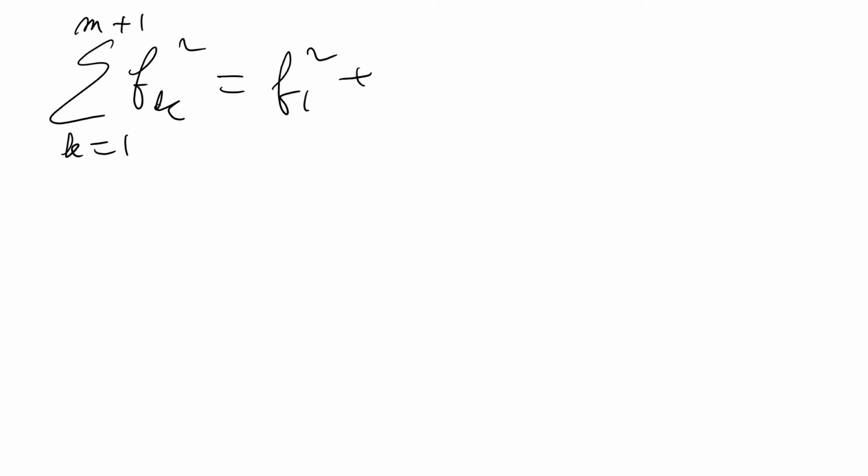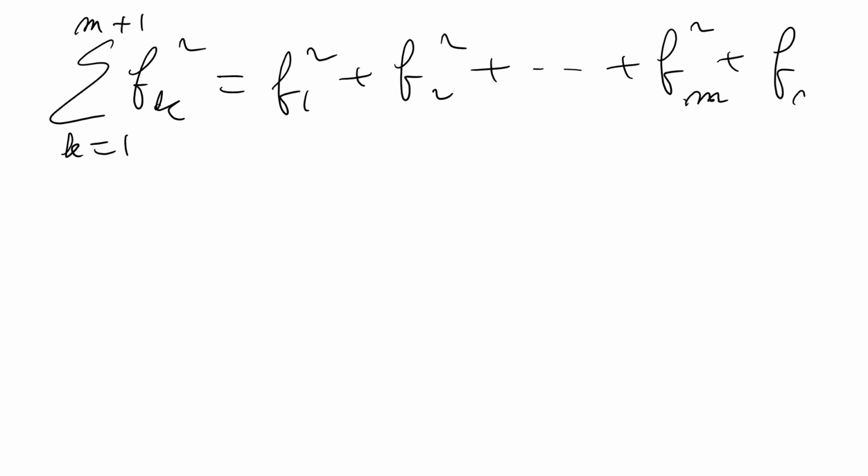So if you have the summation of k equal to 1 up to m plus 1 of f k square, what does this give me? This is equal to f1 square plus f2 square plus up to f m square plus f m plus 1 square, right?